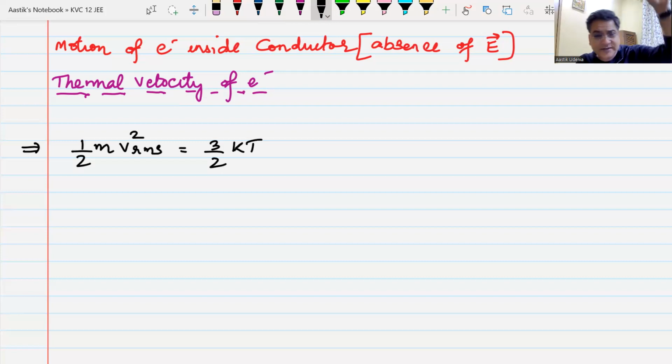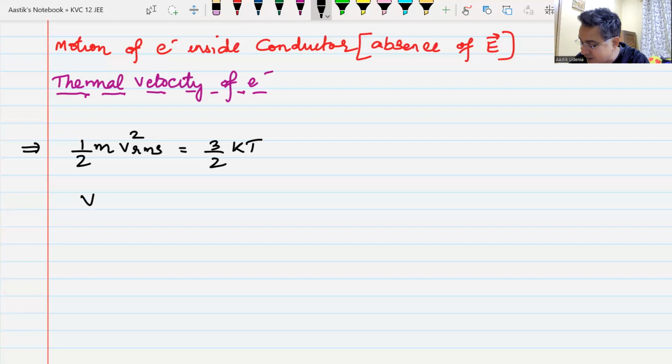We had done it in a chapter known as thermodynamics, where we were dealing not with the velocity of electrons, but with the velocity of atoms and molecules of the gas. The same thing here.